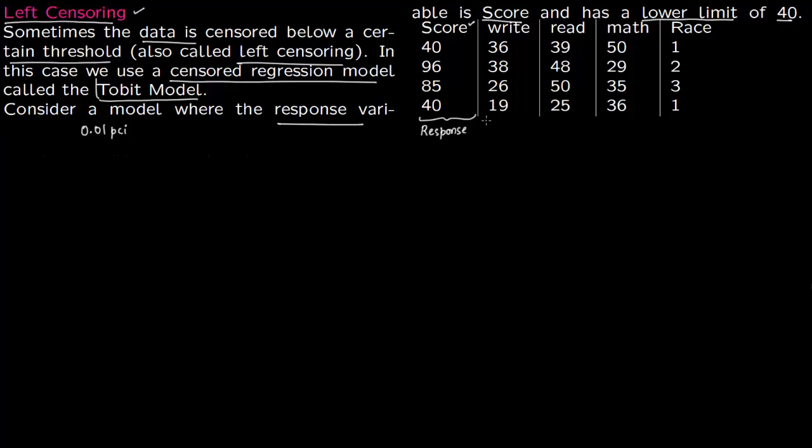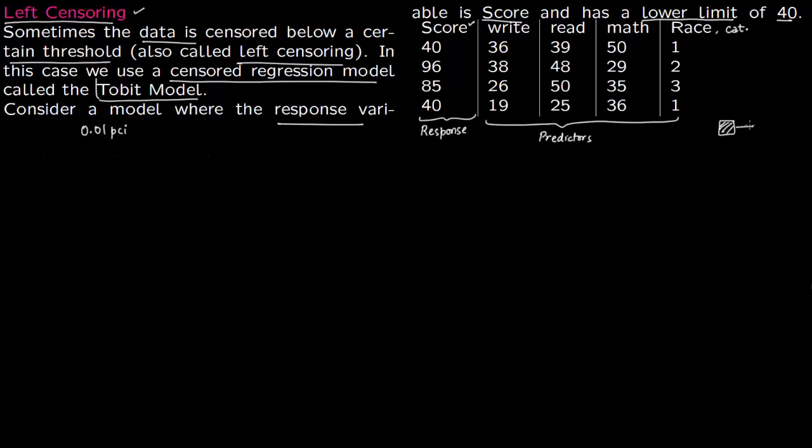for some test, and the predictors for this score are writing score, reading score, math score, and race. Here race is a categorical variable. It takes on the value 1, 2, or 3. So your model is like this.